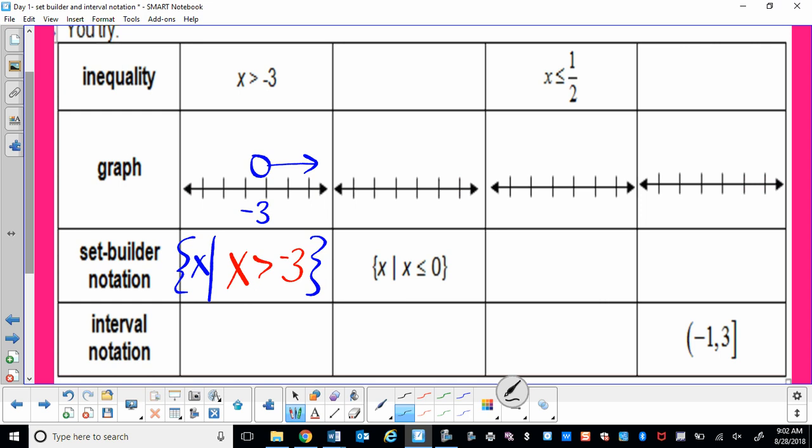Where does my graph start? -3, and I'm going towards positive infinity. What are my parentheses and brackets like? On -3 is going to be a bracket or parentheses? Parentheses, it's an open circle. And what about on infinity? Parentheses. How do we do on that one? Good? Okay.